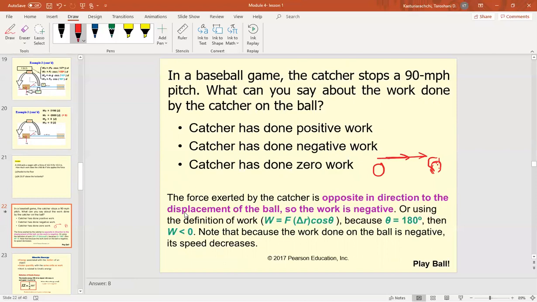This is the direction of the displacement. You catch it, you apply your force in this way, and force and displacement are opposite. So therefore, it should do negative work. We did it very early. Actually, this is pretty simple.